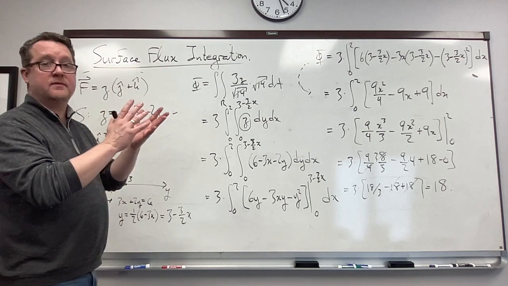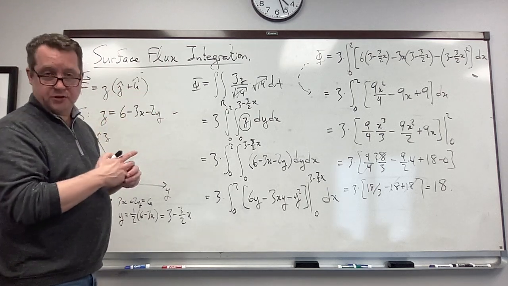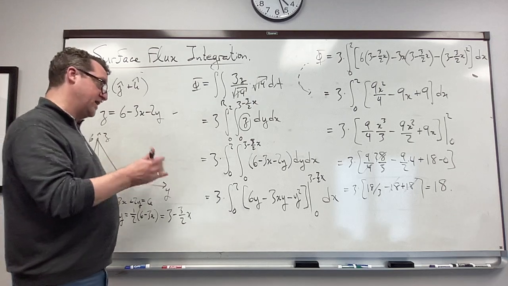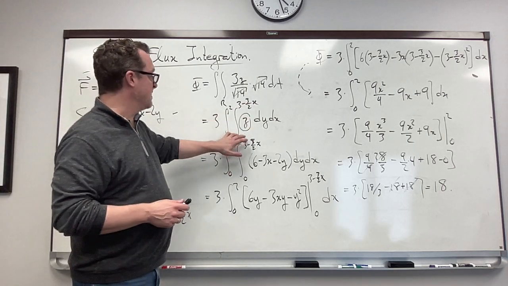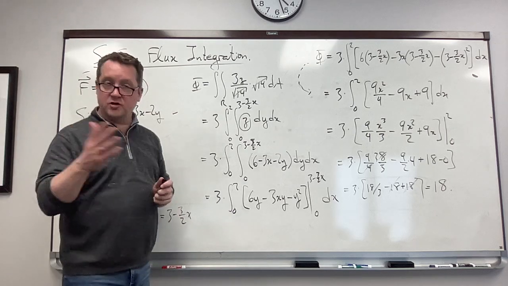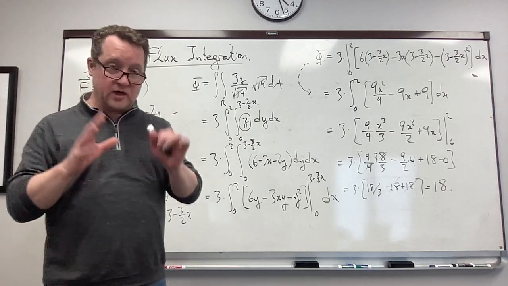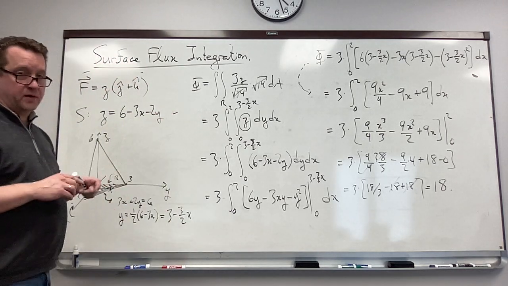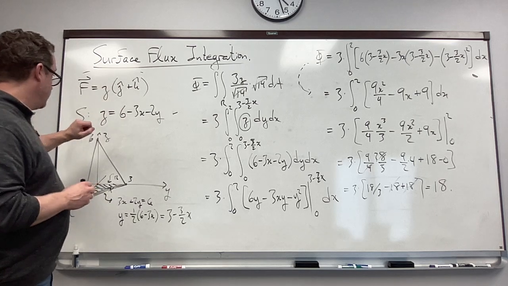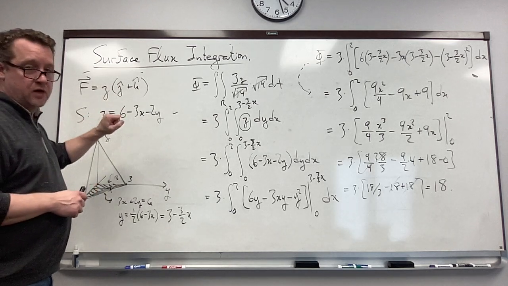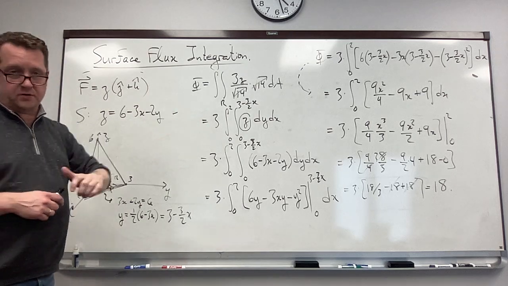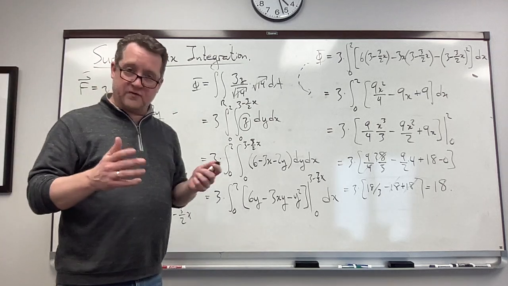You calculate that, and now you've got a double integral. Then you execute the double integral in the iterated sense, getting the limits correct, basically redoing things we've done before. So the only new thing is the very first part, where you have a vector field. You have to identify a normal vector, calculate the dot product of those two, and then you're just doing a surface integral. That's surface flux integration.